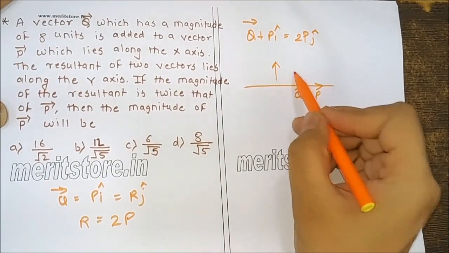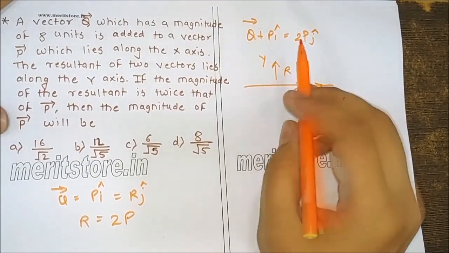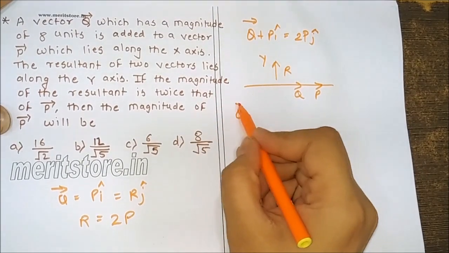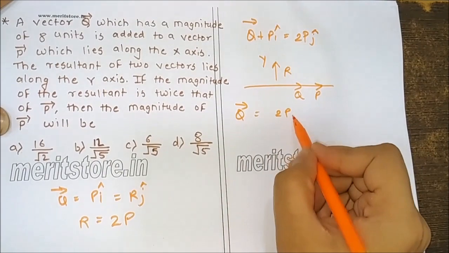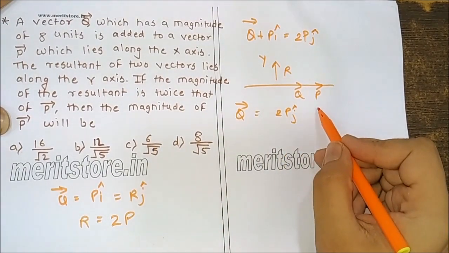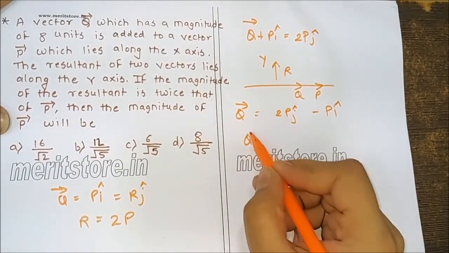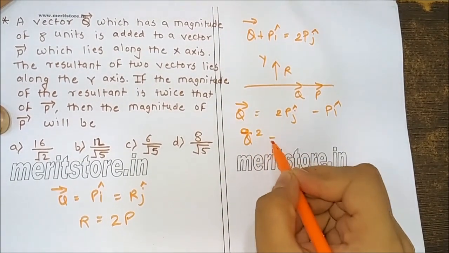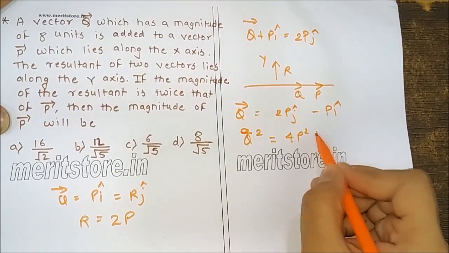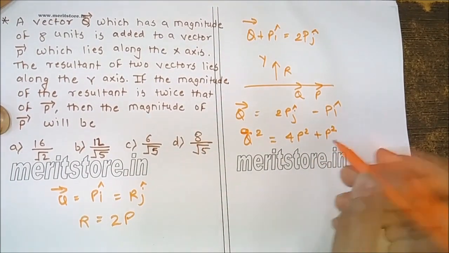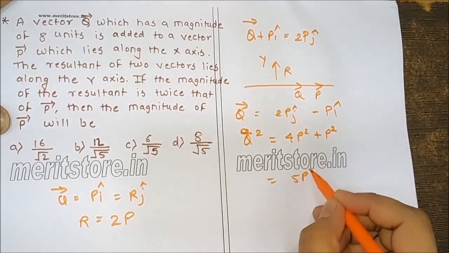Q P R, where we have y. So therefore q is equal to 2 times pj minus pi, where i and j are unit vectors. Q square is equal to 4p square plus p square, which is equal to 5p square.